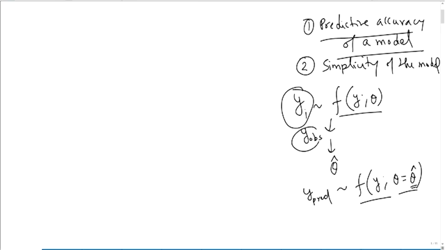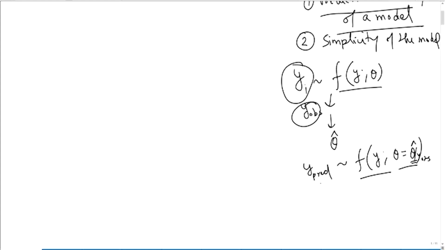So this is the data y obs, so this is conditional on y obs actually. Now we generate some data based on this estimate theta hat. Now you compare y pred and y obs. If they totally align with each other, then people claim that this is a good fit. If this does not align, then they will say that this is a bad fit. Okay, so this is one of the approaches.